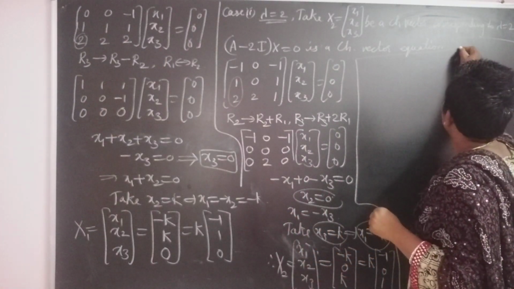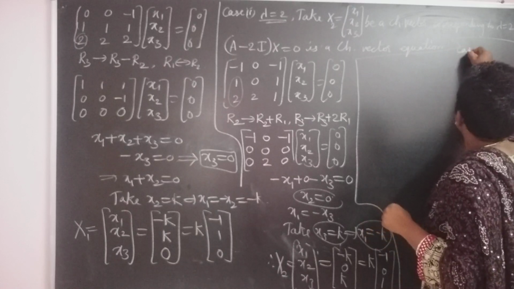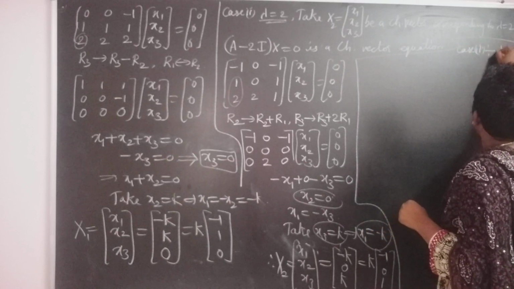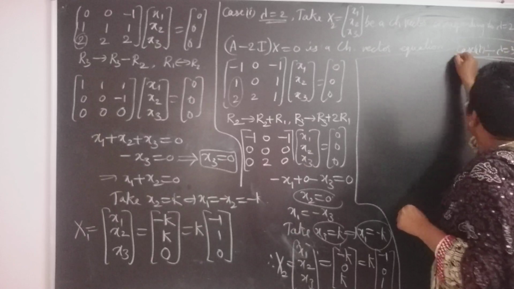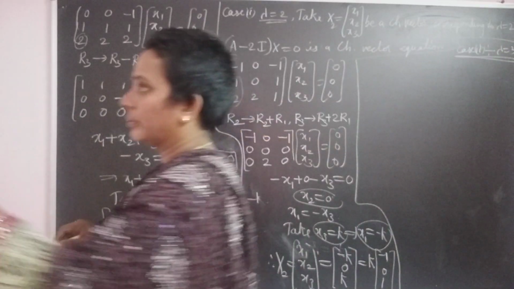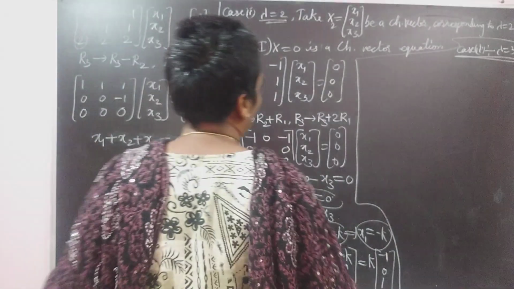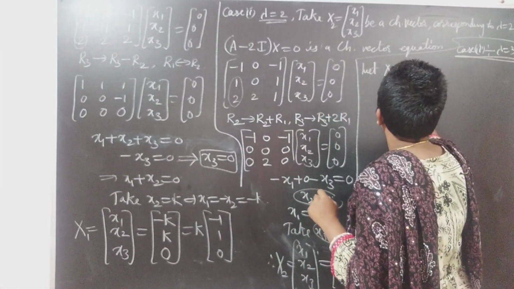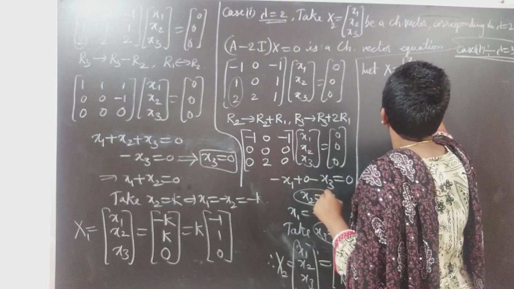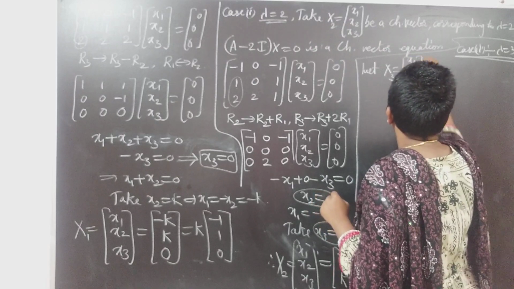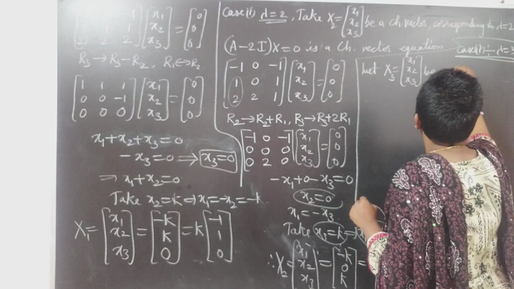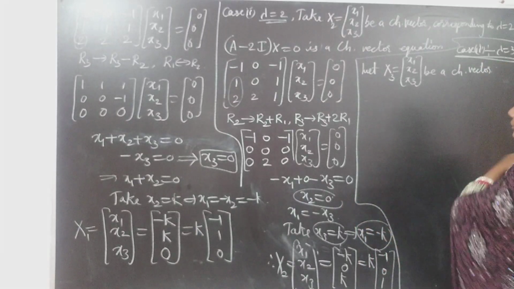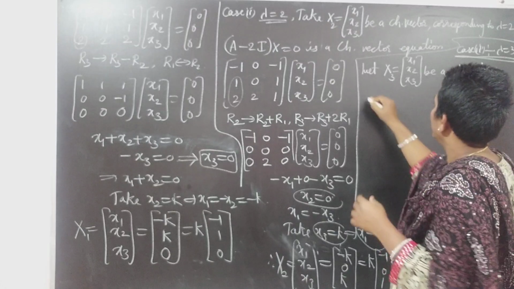Case 3, lambda equal to 3. Here let capital X3 equal to x1, x2, x3 be a characteristic vector corresponding to the characteristic root lambda equal to 3.